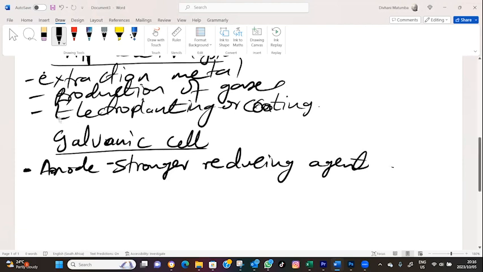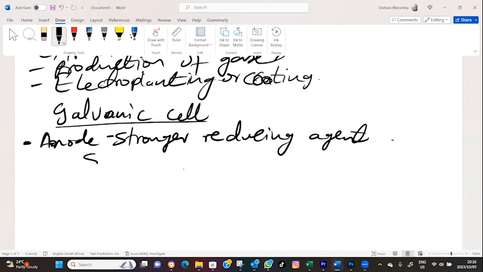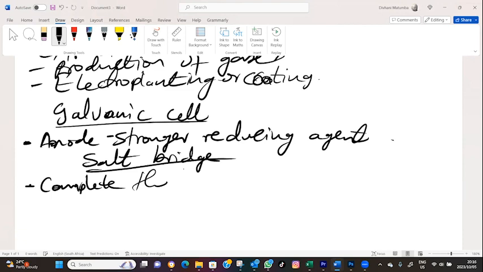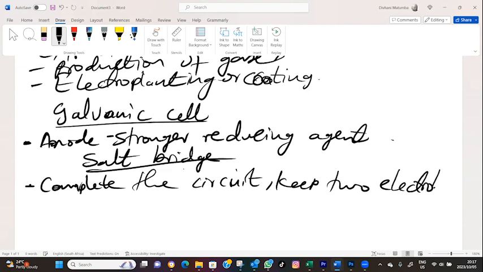Now, on a galvanic cell, we have the so-called salt bridge. Now, with the salt bridge, it completes the circuit. And also, it keeps two electrolytes separate.